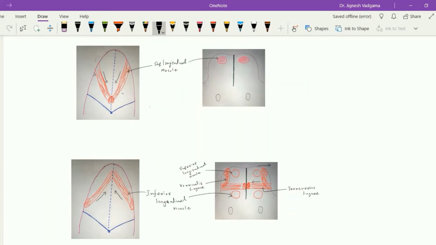So when we observe these intrinsic muscles of the tongue, we can find that the inferior longitudinal muscle is the only muscle out of the four intrinsic muscles which inserts nearer to the median fibrous septum, while all the remaining three muscles insert away from the median fibrous septum.